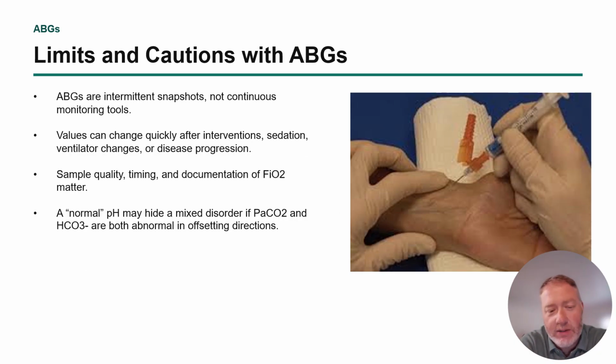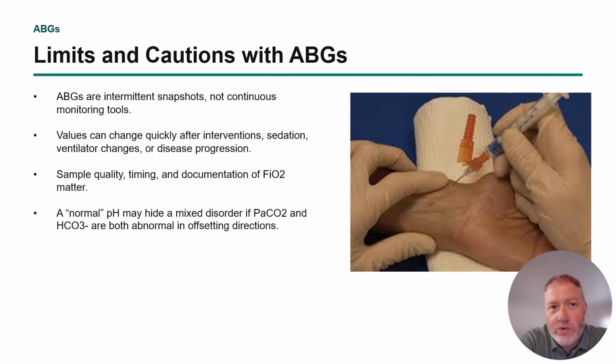There are all kinds of limits and cautions and hazards associated with ABGs. One thing that people don't always remember or consider is that a blood gas sample that's drawn is literally an intermittent snapshot, not a continuous monitoring tool.